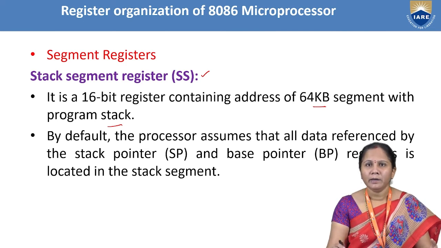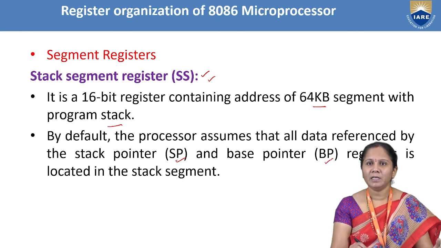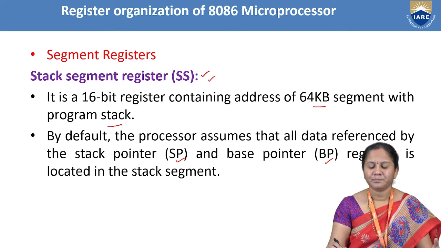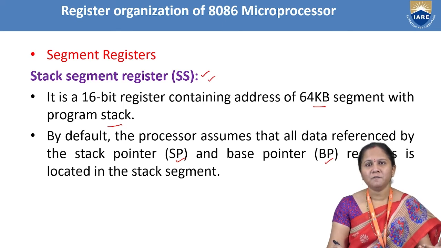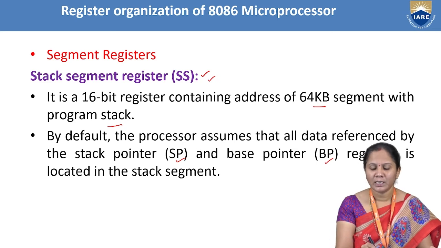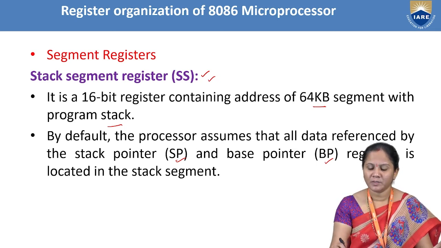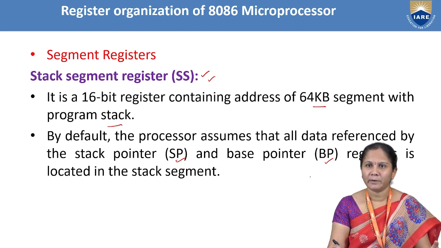Now, when the stack segment register is used to calculate the physical address, what type of segment address and what type of offset address should be considered? Here, the segment address will come from the segment register SS, whereas the offset address will come from one of two pointer registers: the stack pointer or the base pointer.